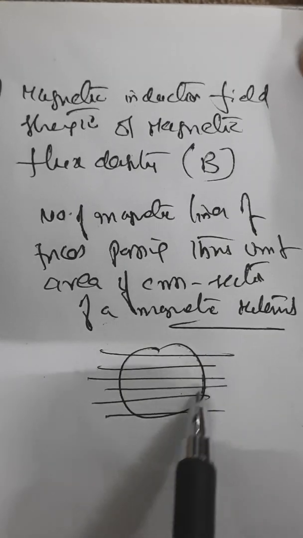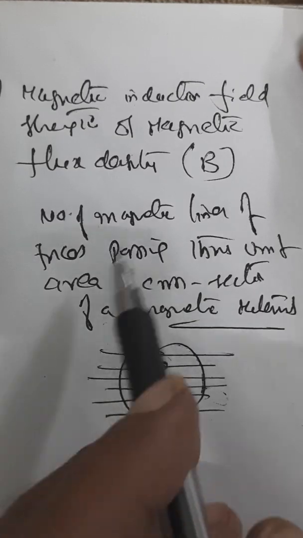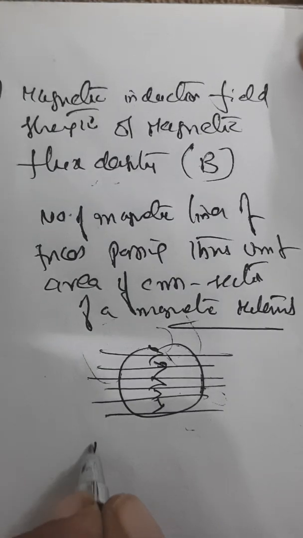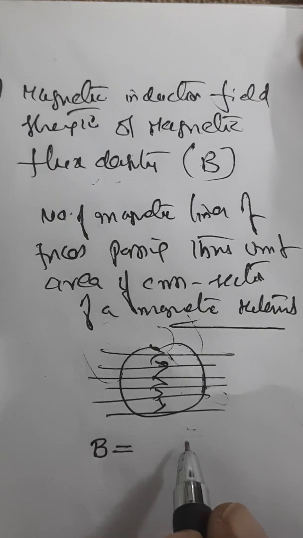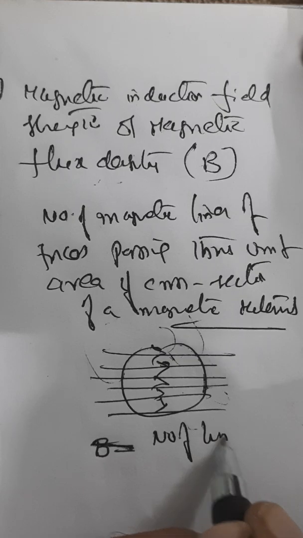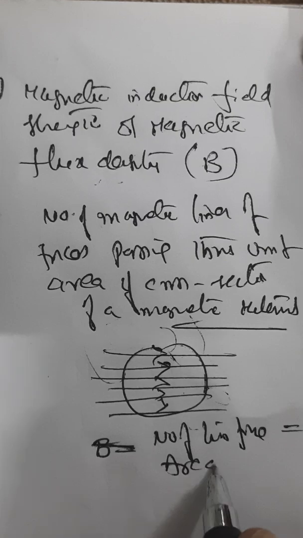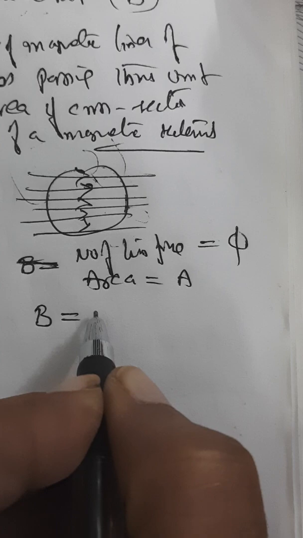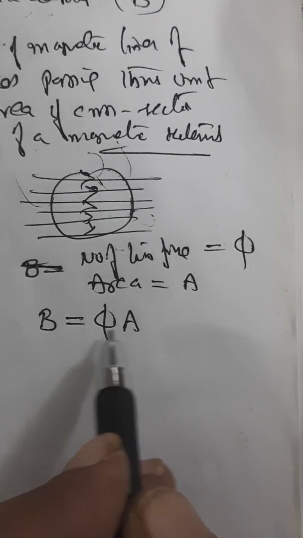So the number of magnetic lines of force passing through a unit cross-sectional area is what is defined as the magnetic flux density of that area. The flux is represented by phi. So B is equal to phi by A, where phi is the number of lines of force and the area is A. This is flux density.